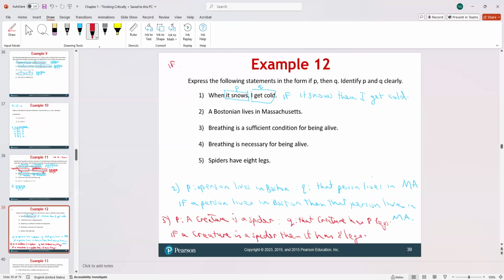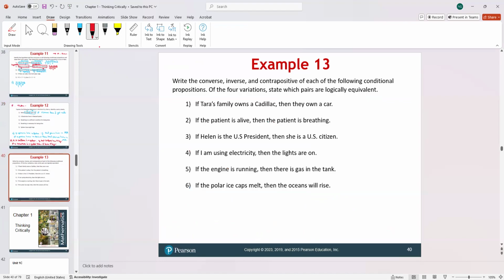Remember, if-then we call conditional statements, right? All right. Last, before we move to our next section, sets and Venn diagrams, we can go with a few examples for converse, inverse, and contrapositive.